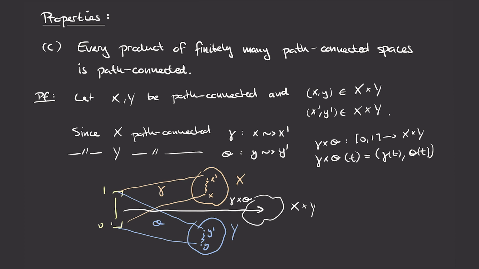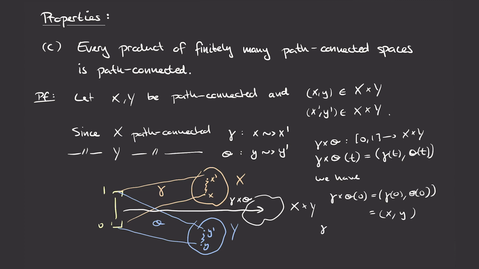And finally, we need to check that the endpoints are mapped to the correct destination and source. So we have that gamma times theta of 0. What's this? Well, it's just gamma of 0 comma theta of 0. And well, gamma of 0 was x, and theta of 0 was y. So indeed, 0 is mapped to the point x comma y.